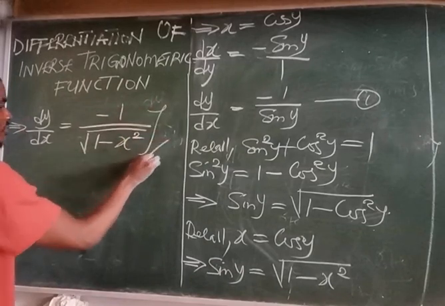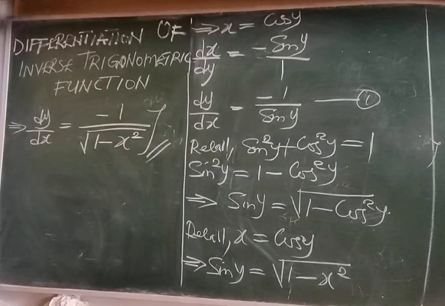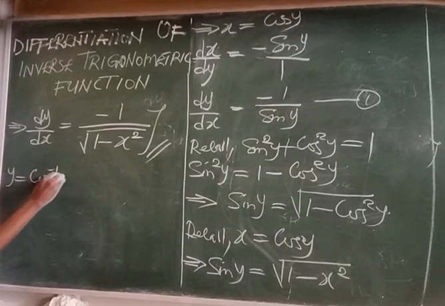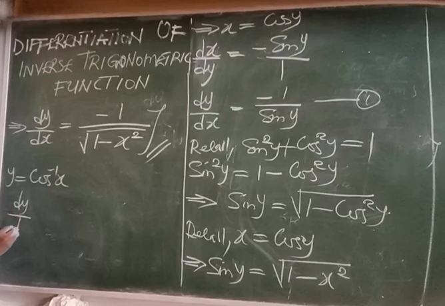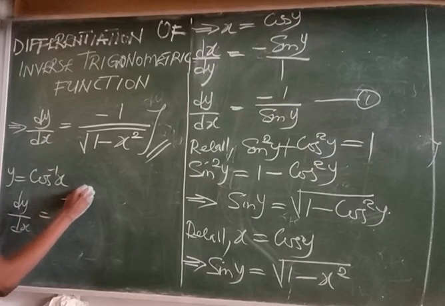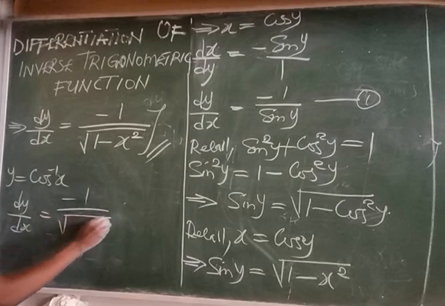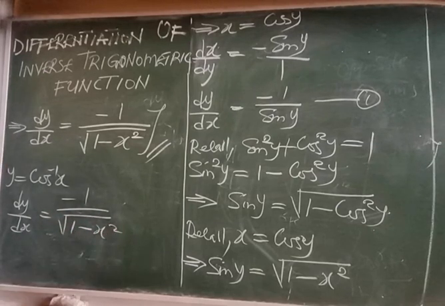All right, so that becomes the answer to that derivative. Whenever y is equal to cos inverse of x, just know that dy dx is actually minus 1 all over the square root of 1 minus x squared. Just know this. Whenever y is cos inverse of x, then dy dx is simply this term.